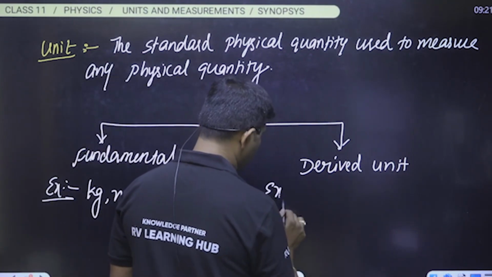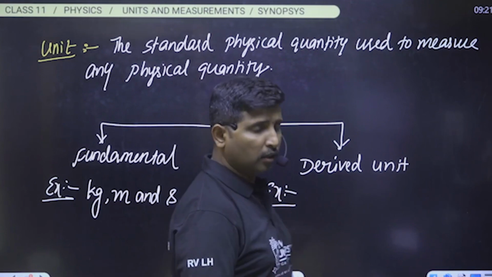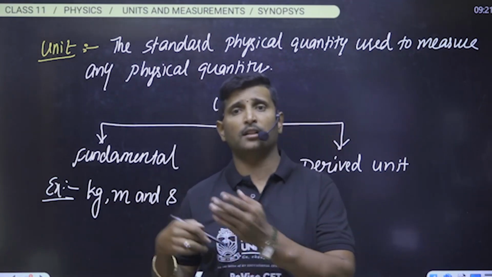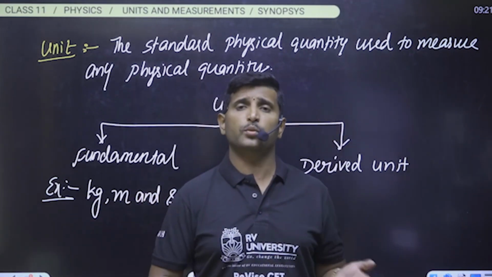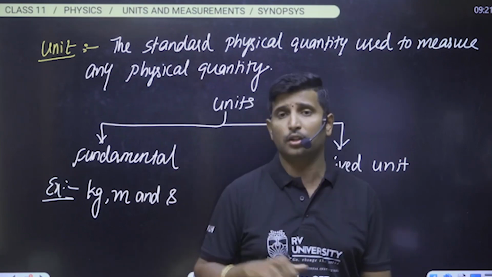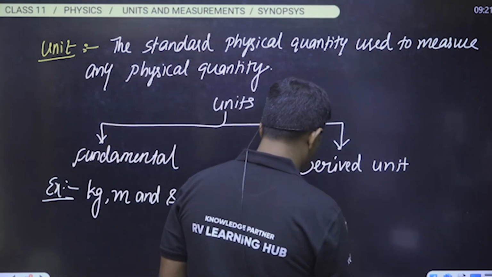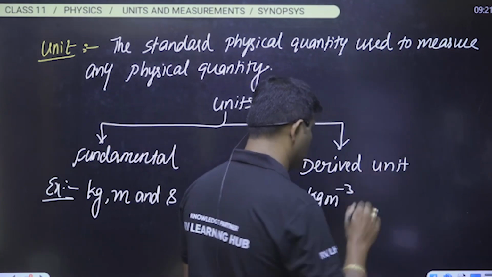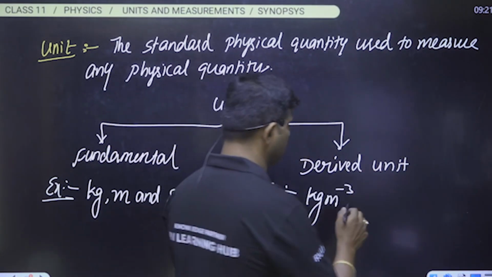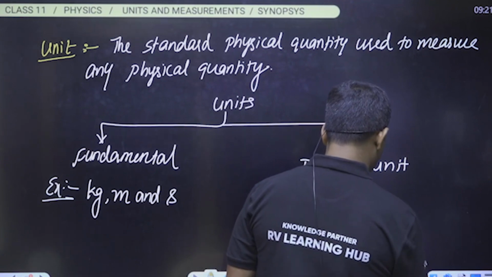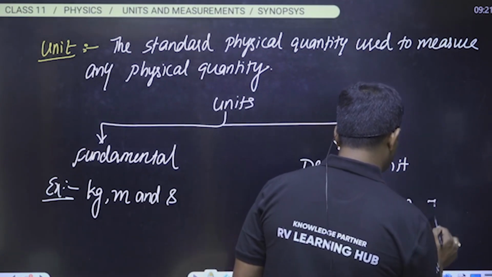Whenever we go with the derived units, the units which depend on the fundamental units, or the units which can be derived from the fundamental units, are called derived units. For example, kg per meter cube is a unit of density, and Newton is a unit of force.